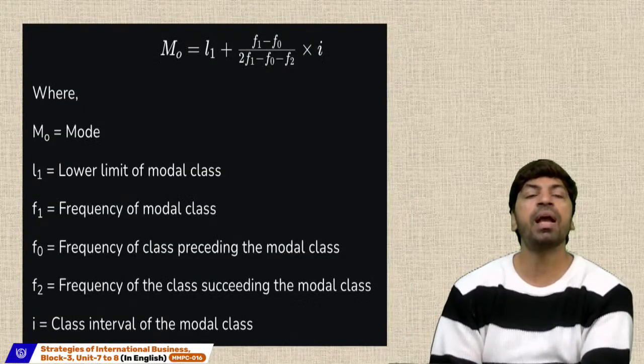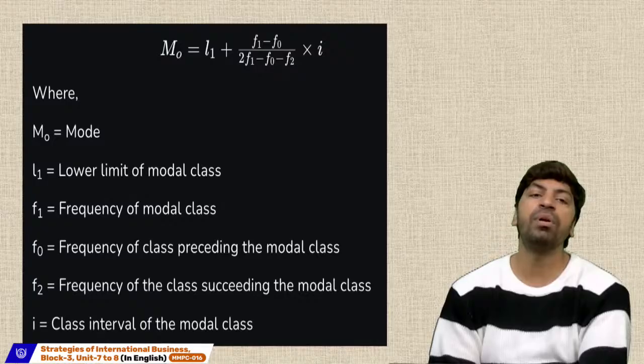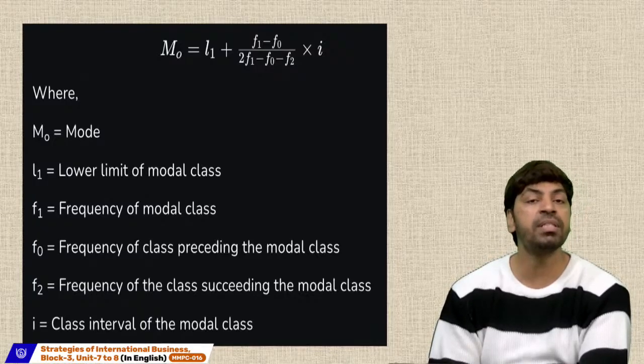How do we calculate the mode in the case of a continuous series, that is, continuous data?